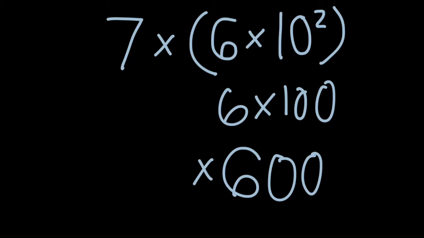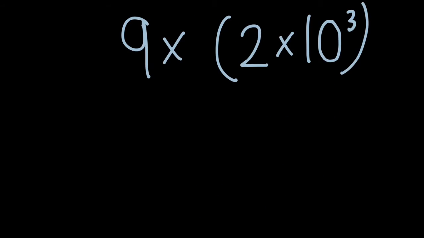And then I have that times 7. And 7 times 600 is, I'm running out of room here, so I'm going to write it pretty small, 42, right? And how many zeros? 2. So it's 4,200. We're going to try one now on our own, just like this.